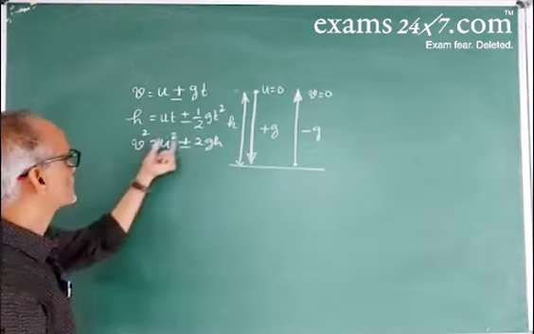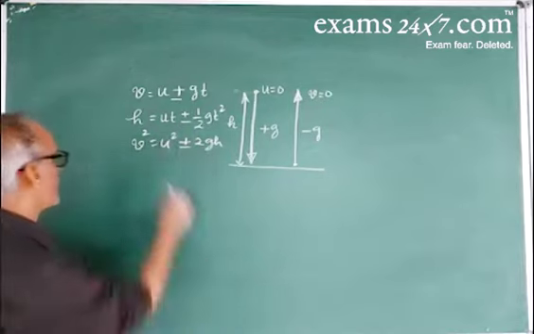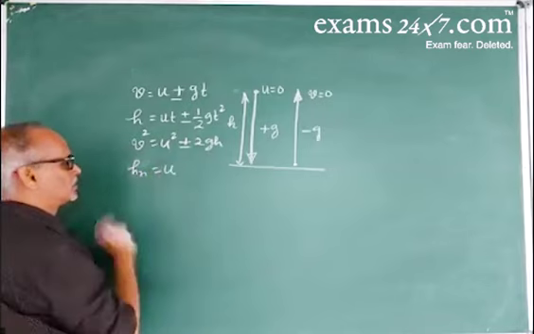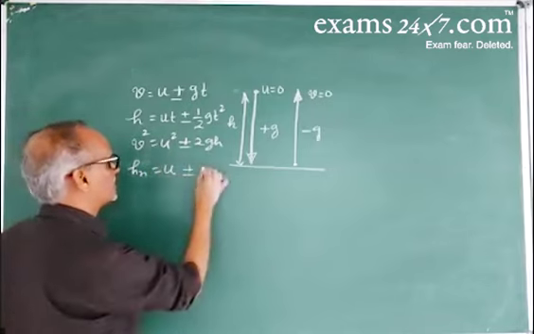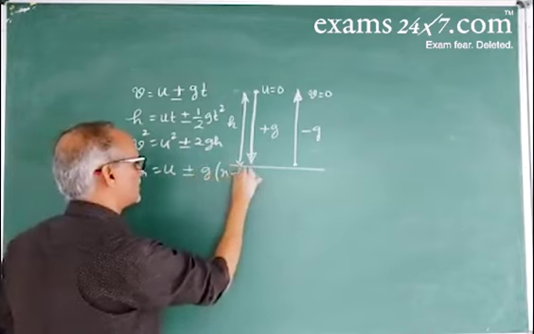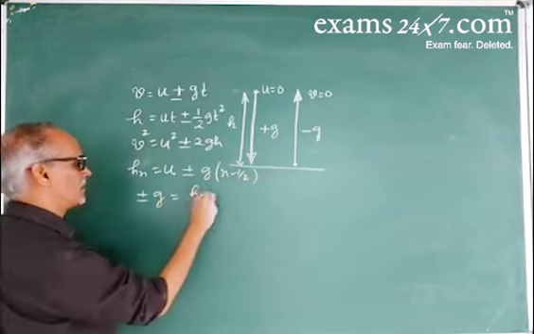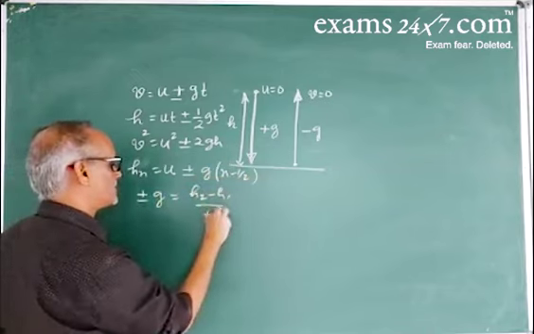S_n, or I can even write h_n, is equal to u plus or minus g into n minus half, and then plus or minus g is equal to h2 minus h1 by t square.